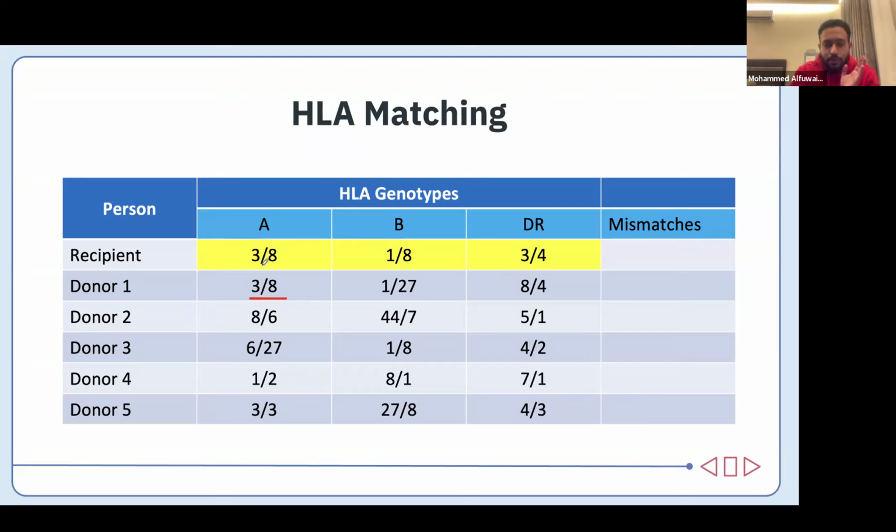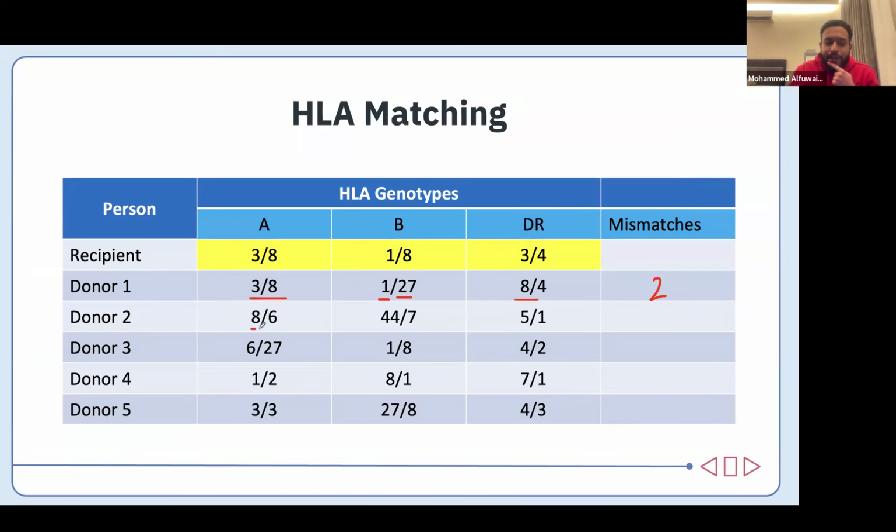No. Over here, is this allele in the recipient? Yes. 27, is it there? No. So this is one mismatch. Here, 8, is it present here? No. 4, is it present? Yes. So how many mismatches does this donor have with the recipient? 2. So we'll keep it in mind.